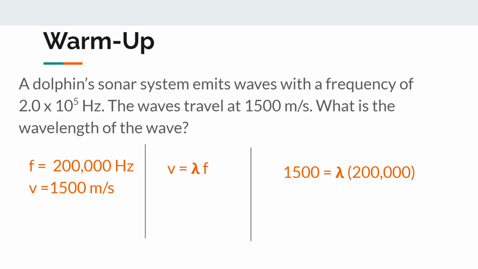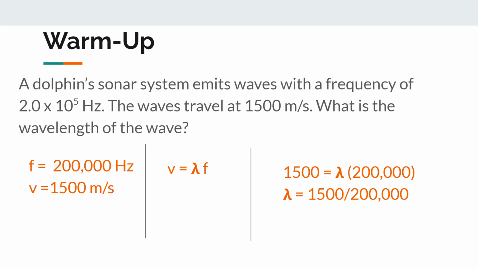Now, if you leave this in scientific notation, then you do need to be careful when you are actually solving it, because depending on how you type that in, you may end up giving yourself the wrong answer. If you type it in so that it's a fraction, 1,500 over 2.0 times 10 to the fifth, again, if it's still in scientific notation, if it's written as a fraction, you'll be good.